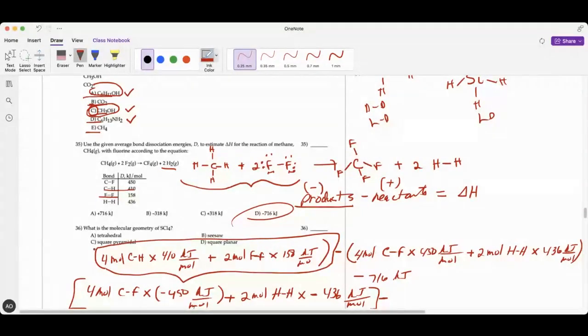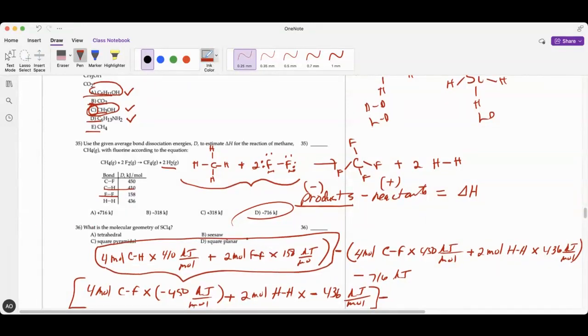So when you do that, I'll take 4 times a negative 450 plus 2 times a negative 436, and I'll subtract from that 4 times 410. I don't put a negative sign in front of those, plus 2 times 158, okay? Oh God, I put something in wrong, but I should get the same answer. Should be a negative 716 kilojoules.